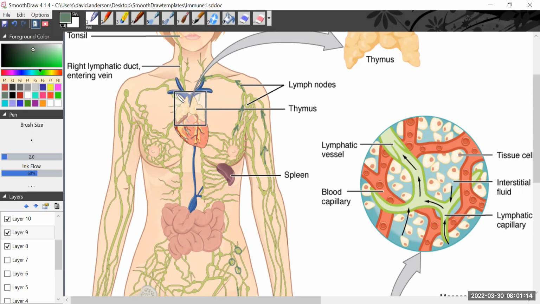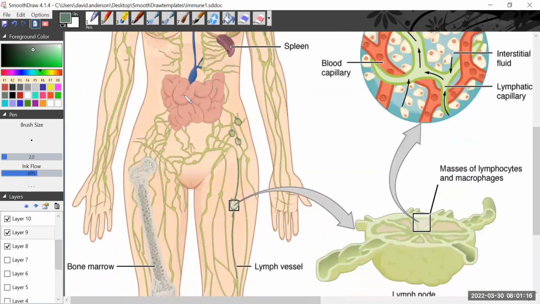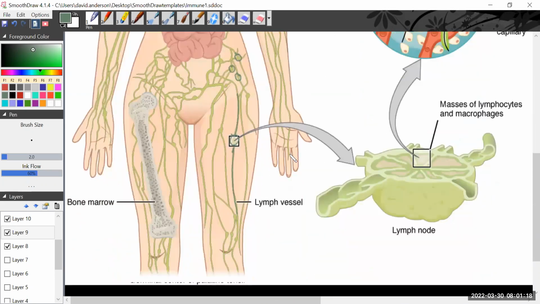So that completes the circuit. They're going to come from the peripheral tissues. So they might start right here, draining the finger area and traveling back towards the heart. So we're going to find these vessels all over the body.